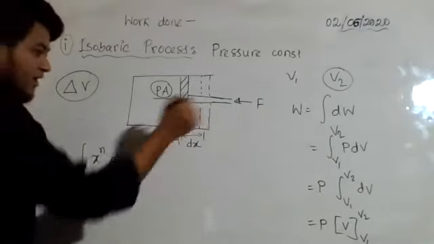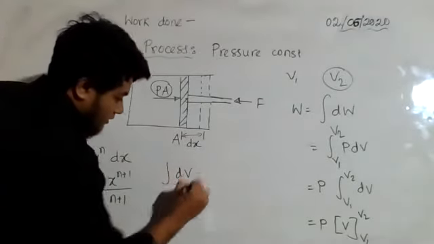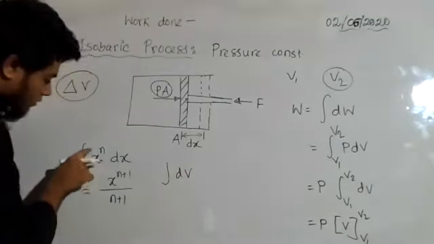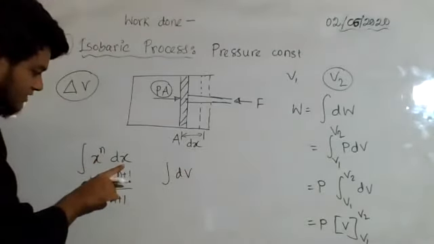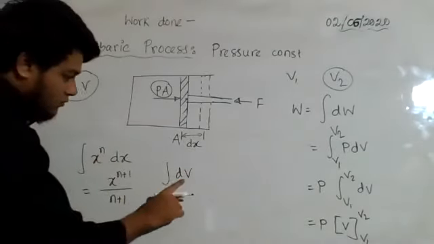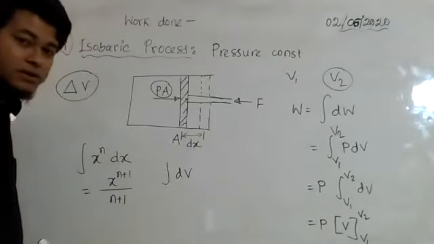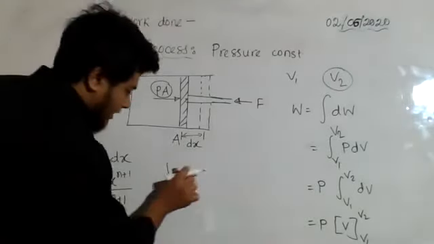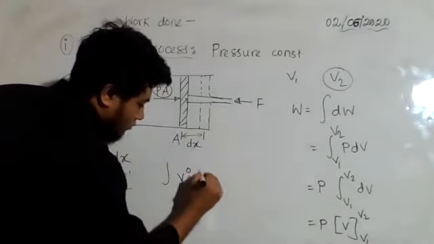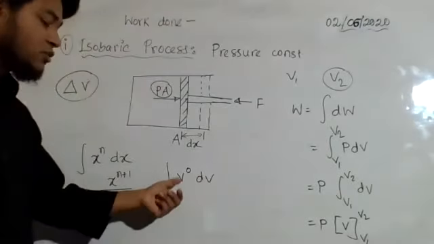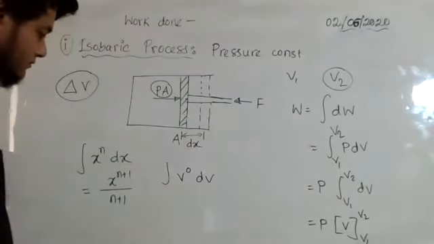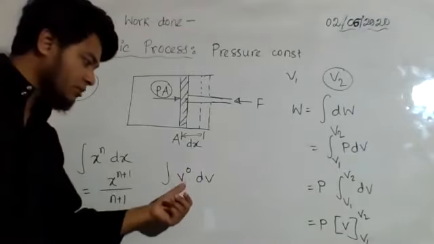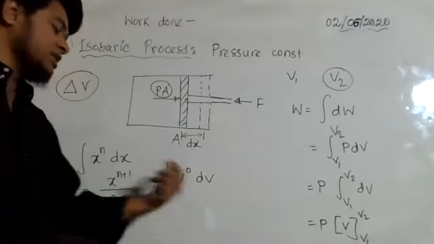Now if I apply that here, there is dV, but there is no V. So if there is no V, what I can write is V to the power 0. No V means V to the power 0, correct? Because V to the power 0 will become 1 and it will ultimately be integration of dV only.